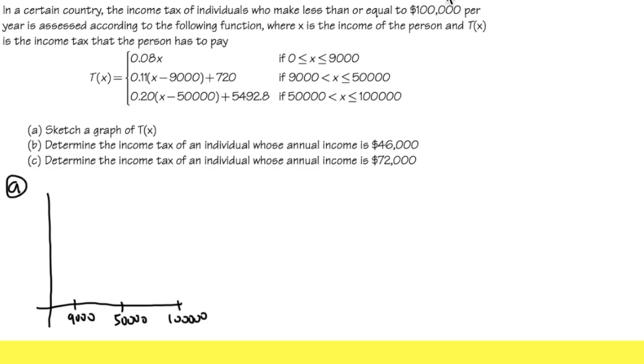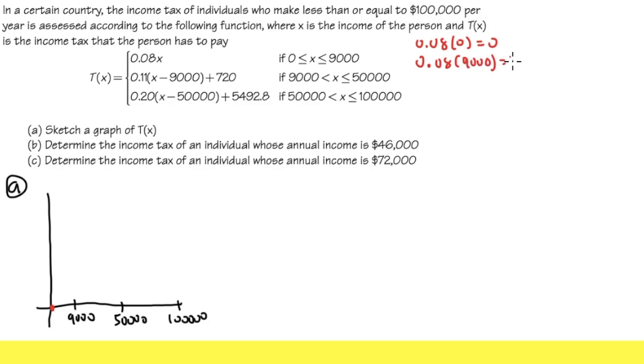All right, now we will have to calculate the y value, and because they are all linear, we can just do the following. First, I'm going to be plugging this number into this x, so that will give us a starting point. And when we do that, we get 0.08 times 0, and that's just 0. Next, we put 9,000 in here, so we are getting 0.08 times 9,000.